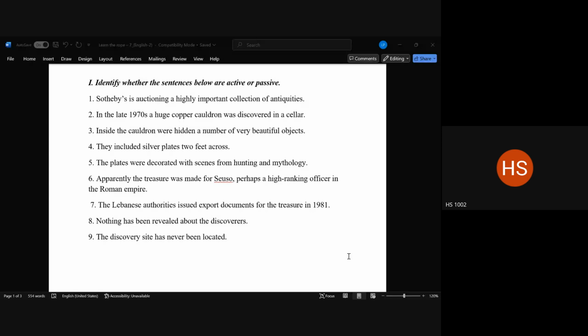So when you form a sentence in the active form, your sentence will look something like, someone has revealed nothing about the discoverers. Okay, because ideally it should have been nothing has been revealed about the discoverers by someone, or by somebody. We don't know who it is, right? But that by phrase, because it's an adjunct, has been omitted in this sentence.